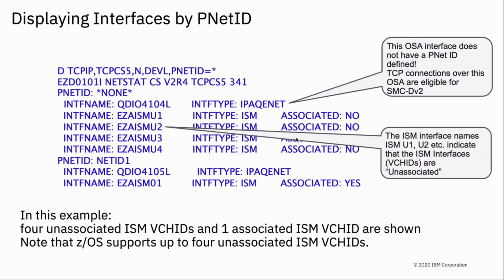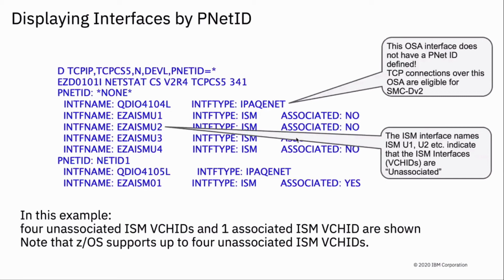But now with version 2 and with these unassociated ISM interfaces, they can be used by OSAs and hypersockets that have PNetIDs, but they can also be used by OSAs and hypersockets that have no PNetID defined for them. So you may start getting usage of SMC-Dv2 that you didn't have in the past.